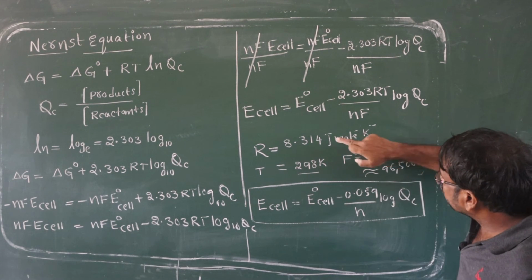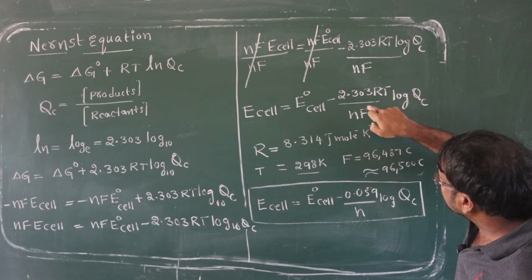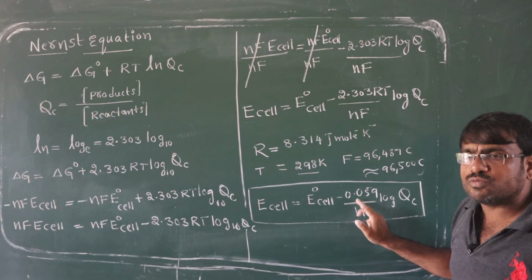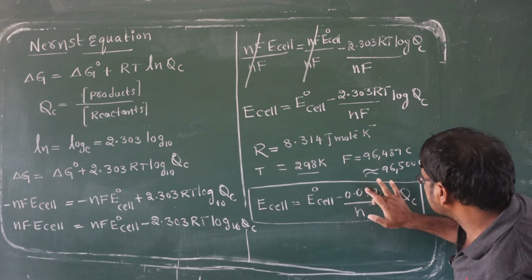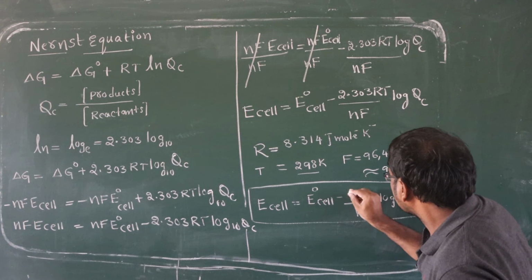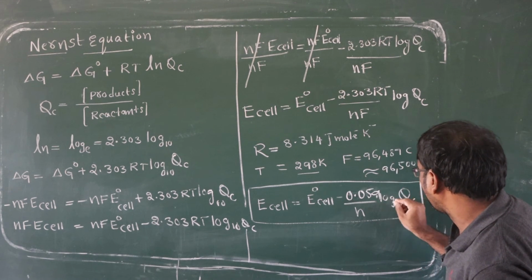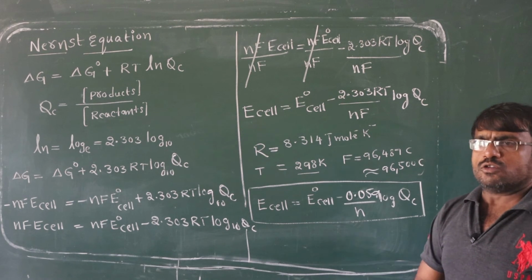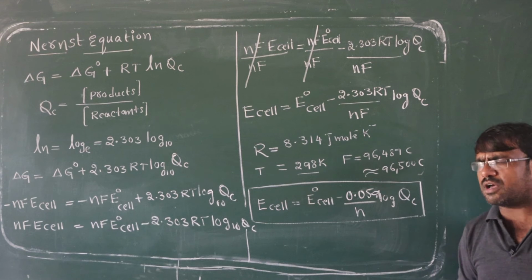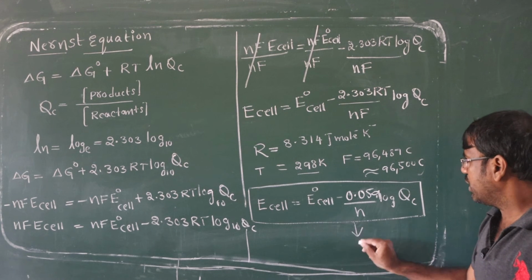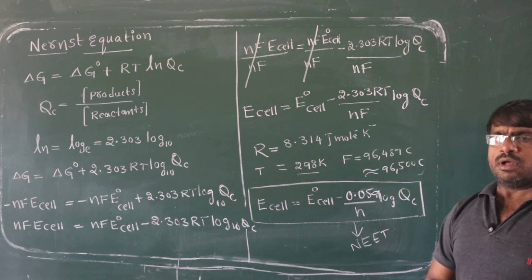When we substitute these three values R, T, F in this equation, how much will we get? 0.059 by n log Qc. All of you remember this last formula, very important for the NEET exam, very important. Okay, understood?